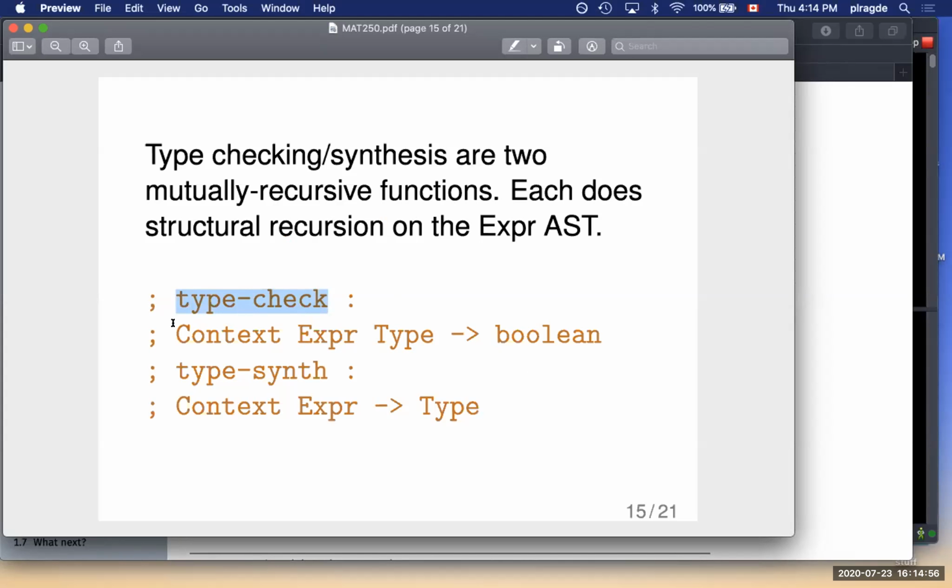So for checking, we need to consume three things: a context, an expression, and a type, and produce a Boolean. That's an overstatement because we either produce true or we error. We never produce false. And then similarly, type synthesis consumes a context and an expression and produces a type if it doesn't stop with an error because it can't do its work. So the errors are always a possibility here.